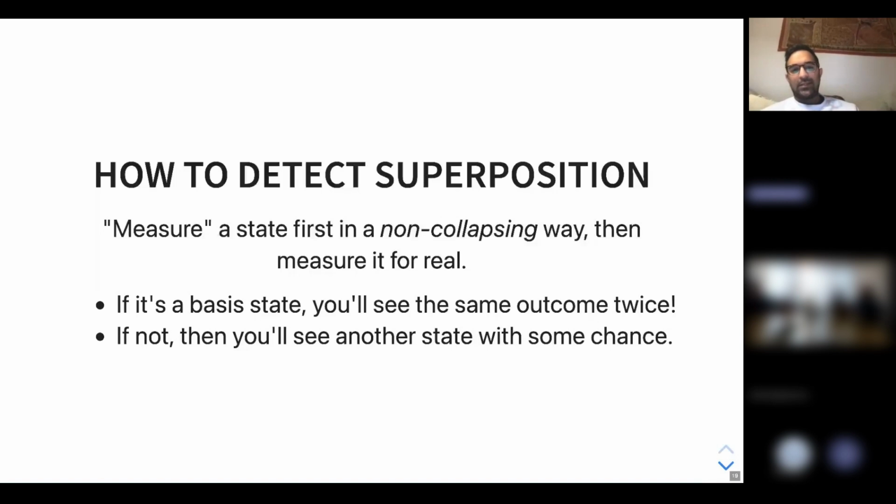You only have to measure twice: once non-collapsing and then once for real. And once you have this primitive, this superposition detector, you can prove that QMA with non-collapsing measurement is equal to NEXP. So actually it does give you a lot of power.